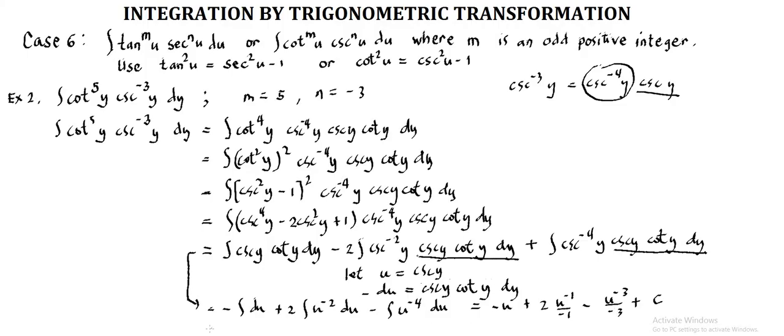Pagkatapos noon, let's plug in the value of u, cosecant y. So, magkakaroon tayo ng negative cosecant of y. And then, positive 2 divided by negative 1 is negative 2. Tapos, meron tayong u. Ang u natin, cosecant of y to the negative 1 of y.